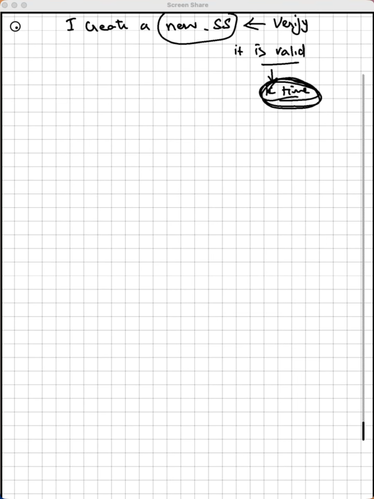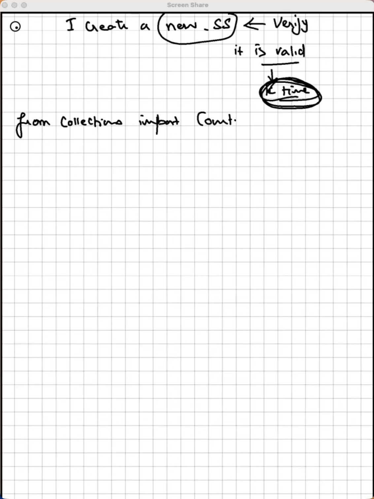So now with these two elements already identified, let's look at the pseudocode which will bring all these concepts together. The first thing that we do in Python is from collections import Counter.